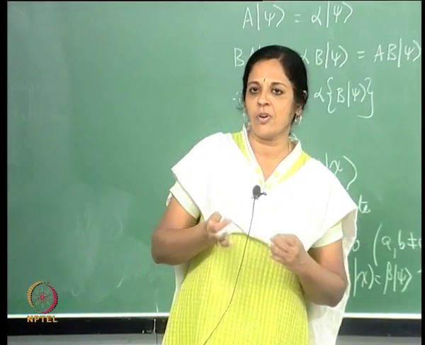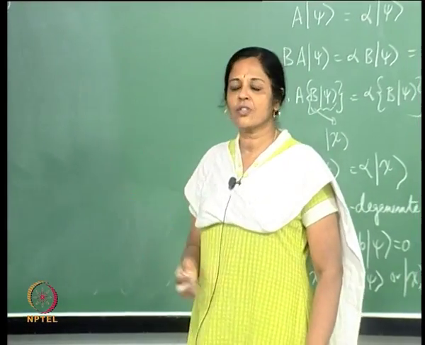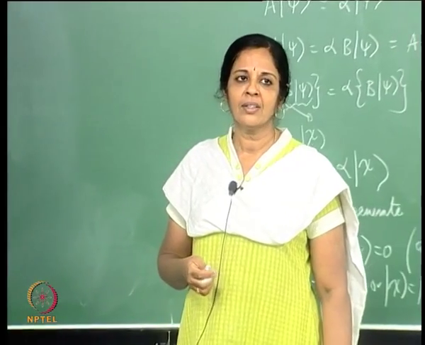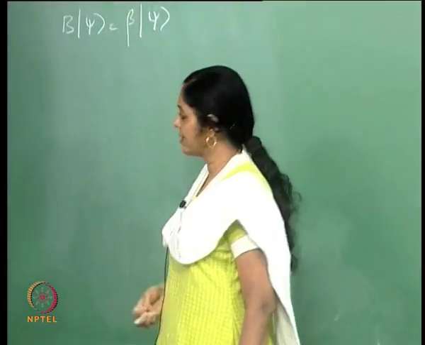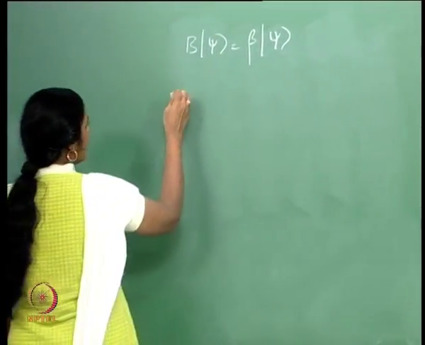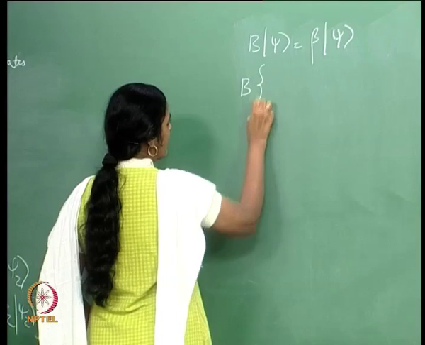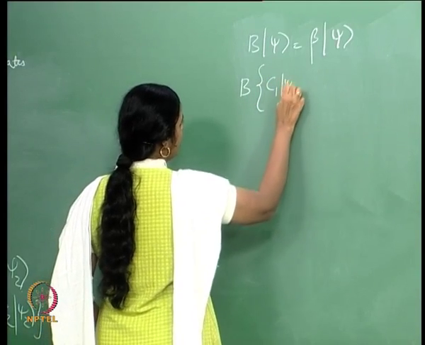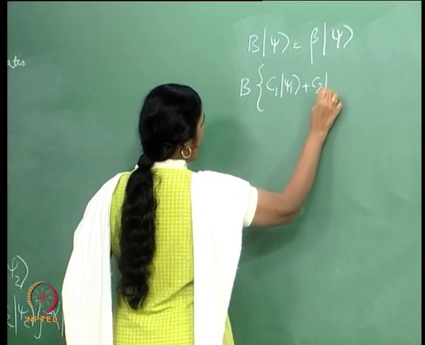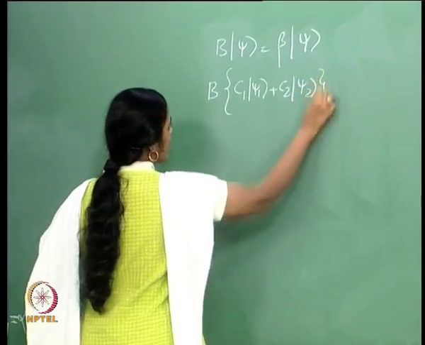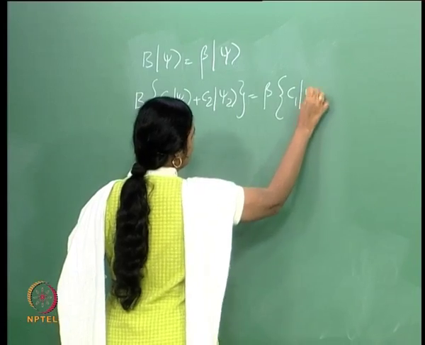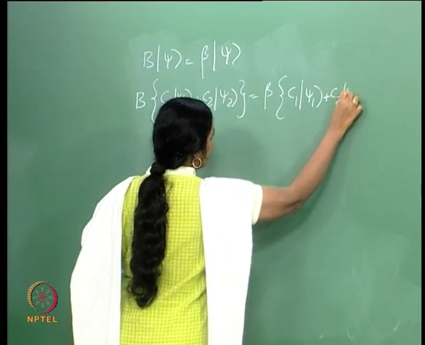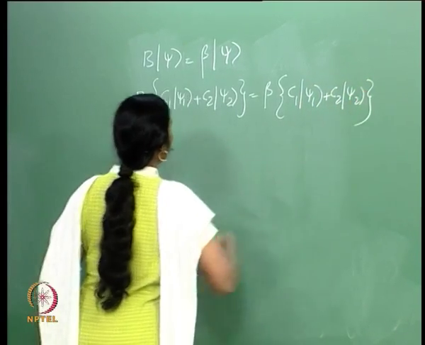Is it at all possible to find a complete set of common eigenstates of A and B if alpha is degenerate? That is the problem that is being addressed. So, this is the same as saying, expanding psi in terms of psi 1 and psi 2, we have this.